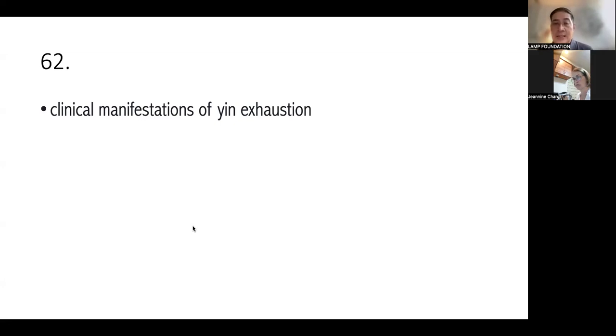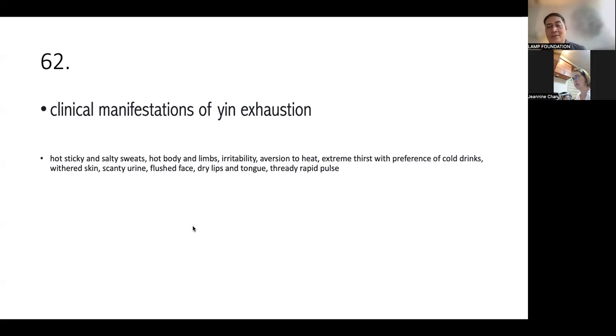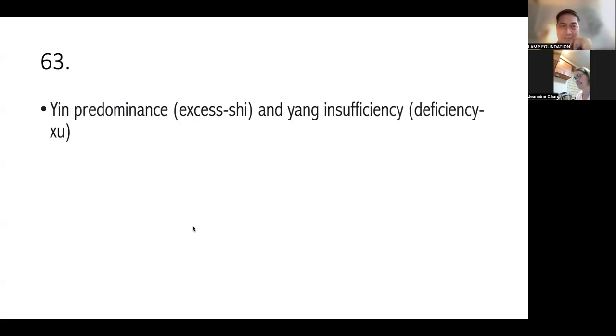Hot, sticky, and salty sweats, hot body and limbs, irritability, aversion to heat, extremely thirsty with preference of cold drinks, withered skin, scanty urine. So, lasahan nyo yung sweat, ha? Kung maalat na yung sweat, that's yin exhaustion.